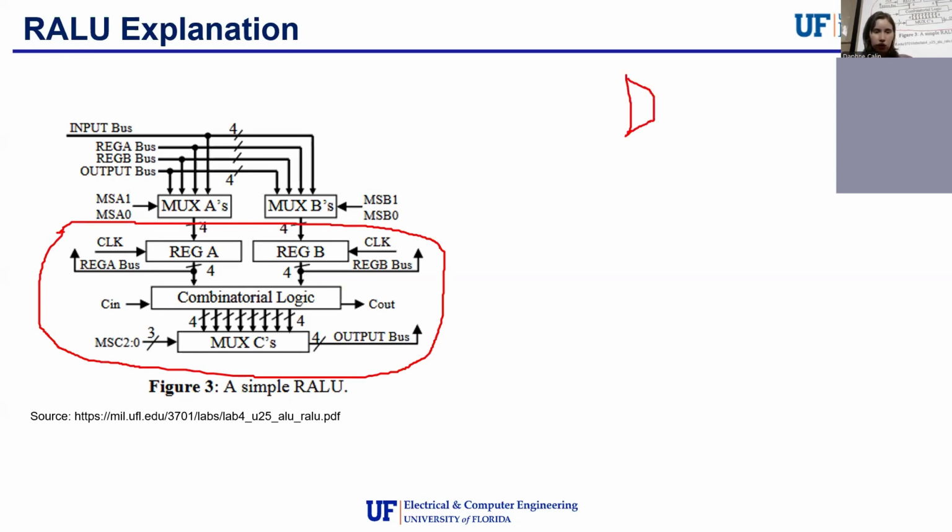If I draw it out here, if this is mux C, you can't actually design this with the buses, but just for the sake of time, this is S2 to 0. Then what's going into this mux is the combinatorial logic. So this is the same as the little gates we designed before.